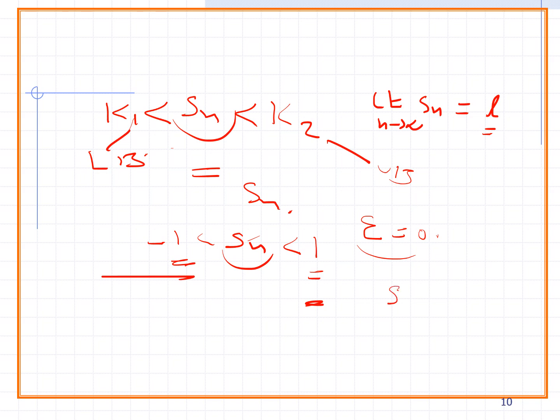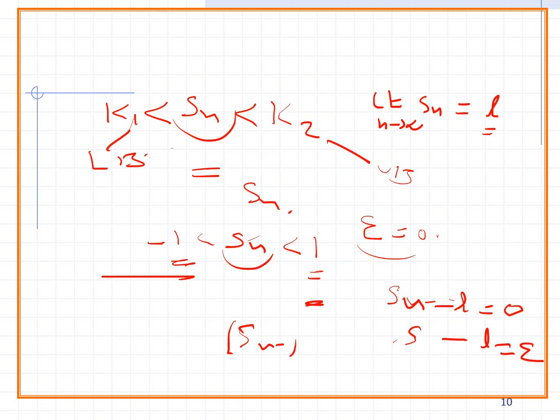For example, Sn minus L equal to 0. But in real analysis, you can denote Sn minus L as epsilon. I said already it is not 0, but you can consider it as epsilon.